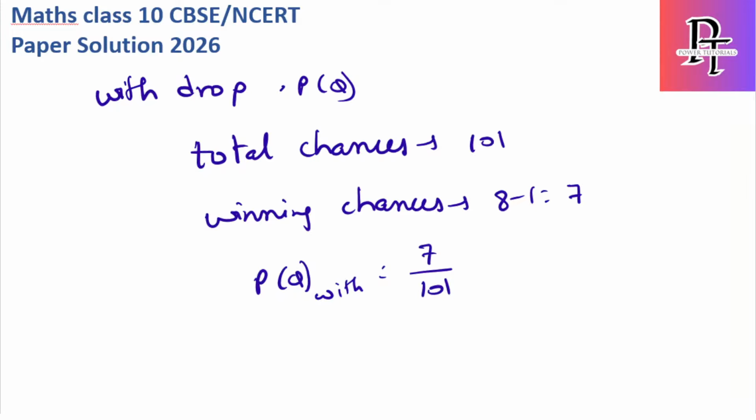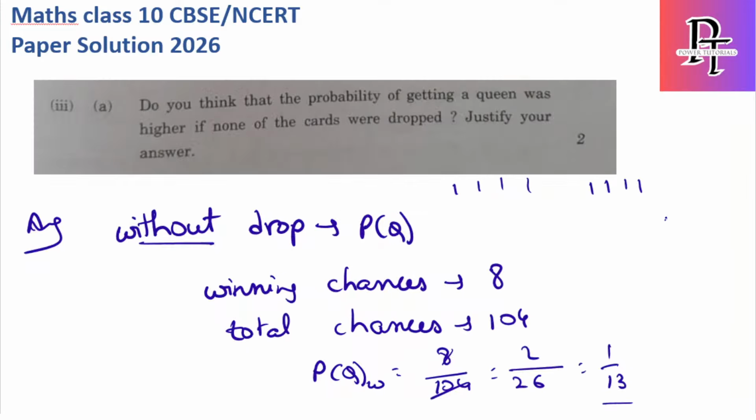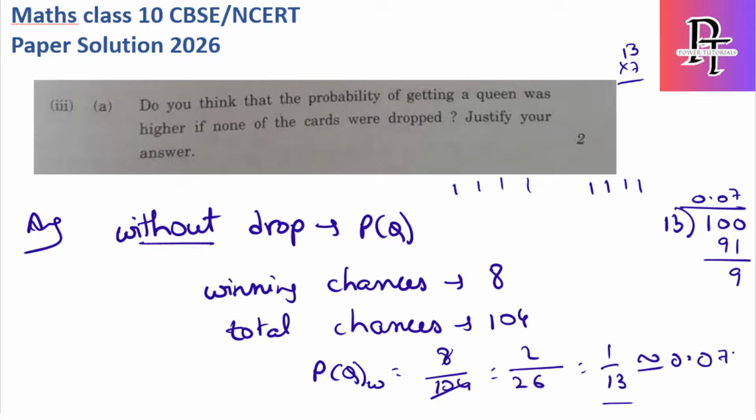Okay, so let me go with one decimal. 1 by 13 is closer to 0.077.